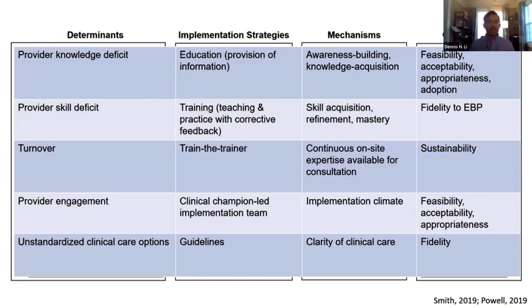Similarly, training as a strategy may target a skill deficit among your providers, which is a barrier, in order to increase skill acquisition and refinement of the skills, mastery of the skills, and therefore ultimately lead to improved fidelity of delivering the evidence-based program.